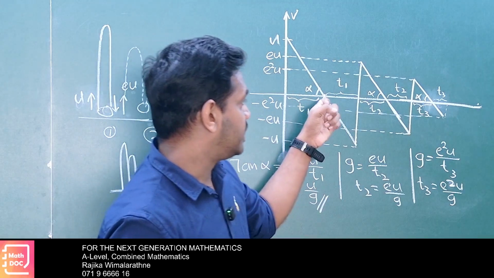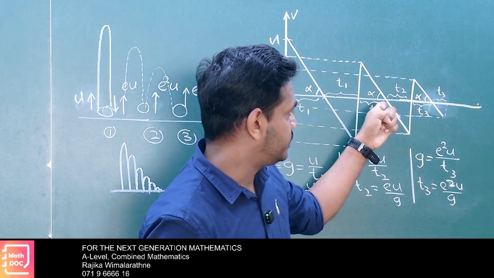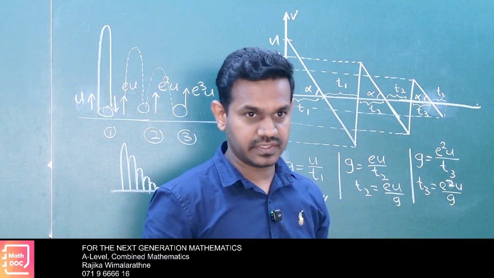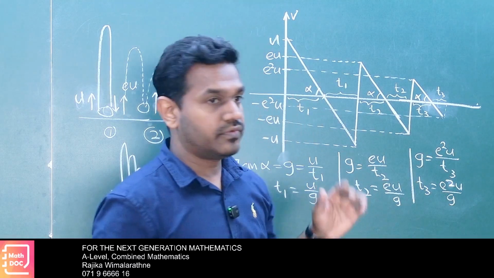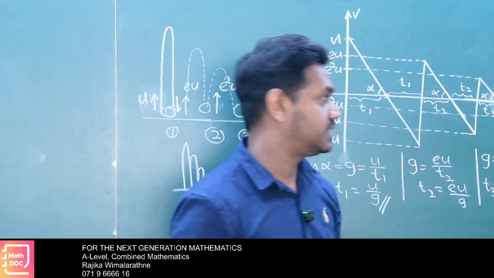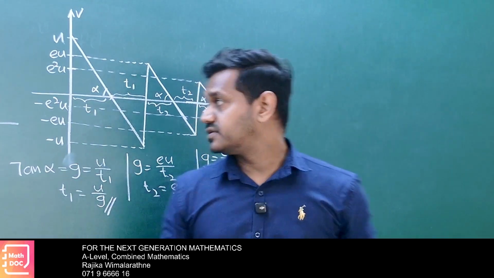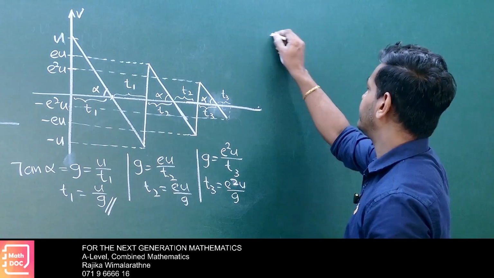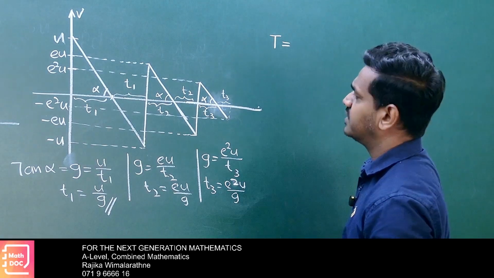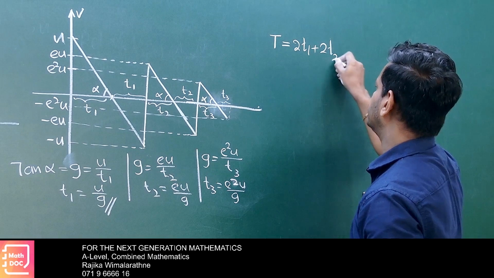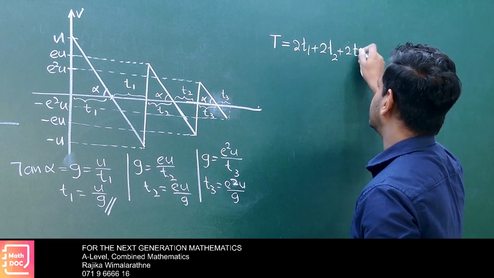Then here t1 downward motion t1, then t2 again downward motion t2, t3 downward motion t3, it goes on. Then let's consider three collisions. So total time, then 2t1, 2t2, 2t3.